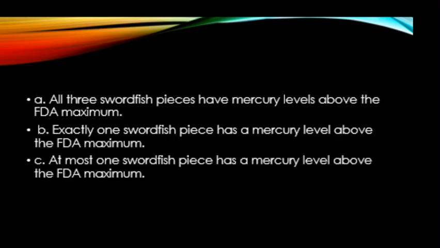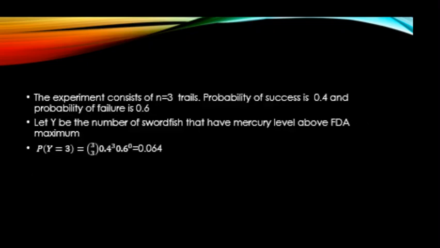In the first part, we need to figure out the probability that all 3 pieces have mercury levels above the FDA maximum. We can use the formula directly to find the probability of y equals 3. We have 3 choose 3, which is 3 factorial divided by 3 factorial times 0 factorial. Remember, 0 factorial is always 1.